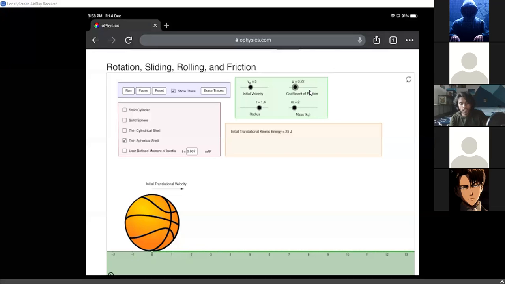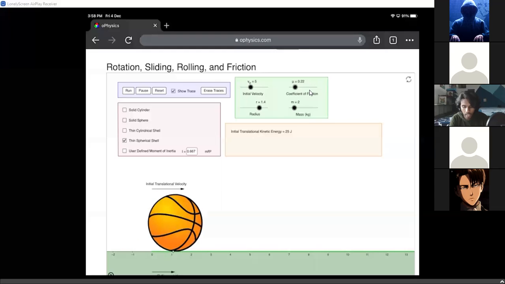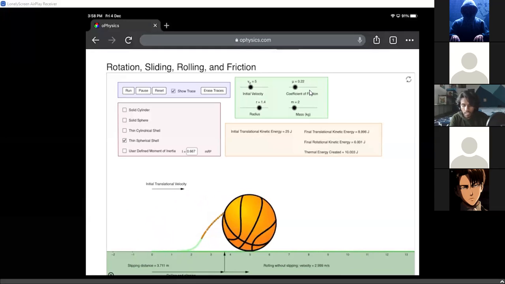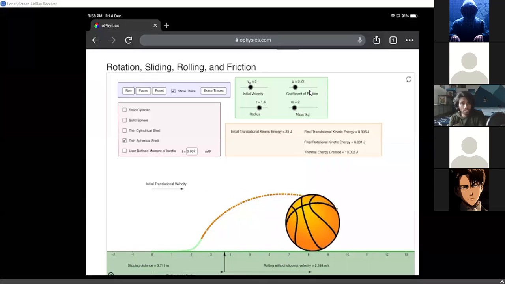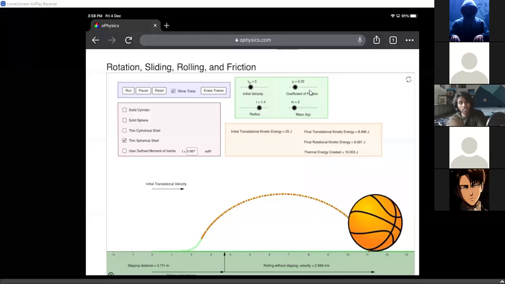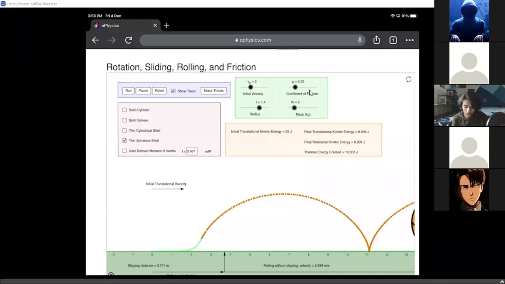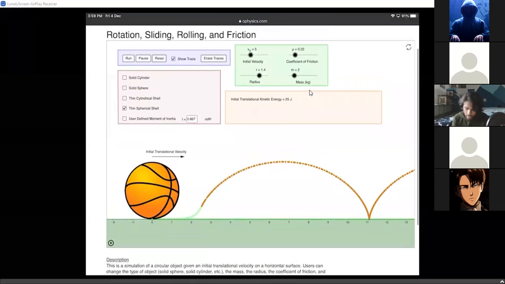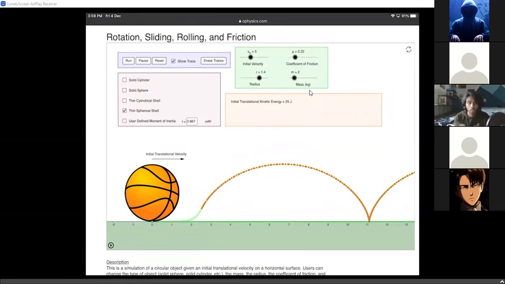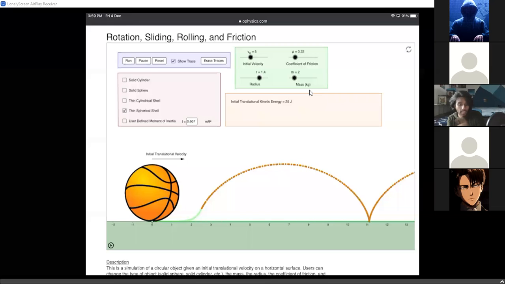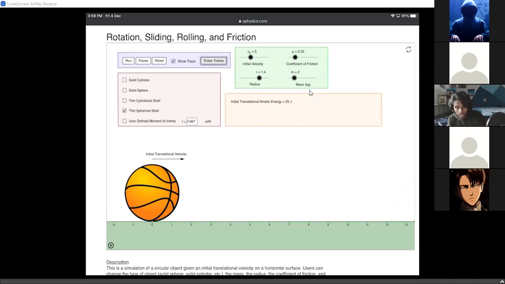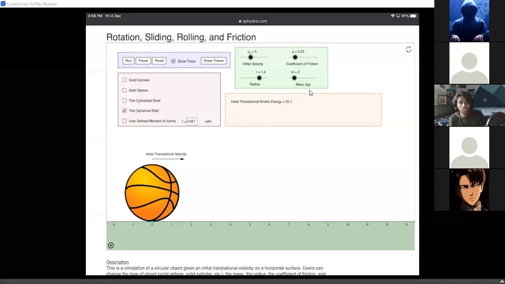Anyway, let's just run this simulation first and look at whether it is going to happen or not. You see, when that trace is turning brown, that is when the body is entering pure rolling motion. Here they clearly mention everything: right below the ball, they show up to what point it is slipping and after what point it is in pure rolling.